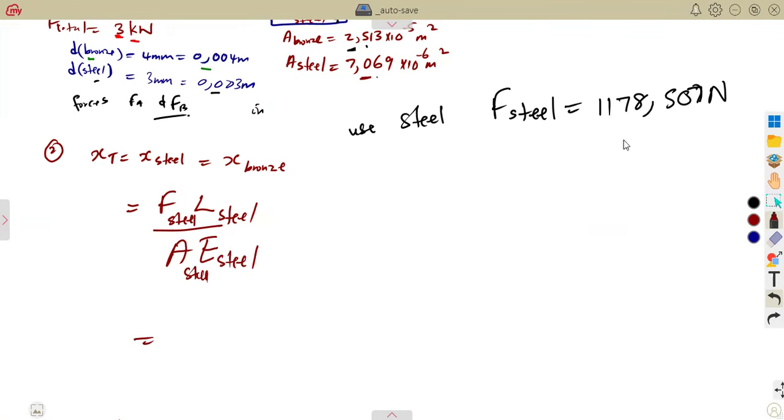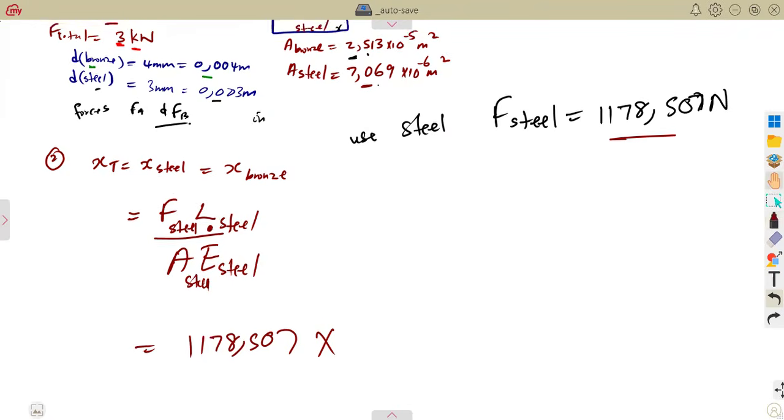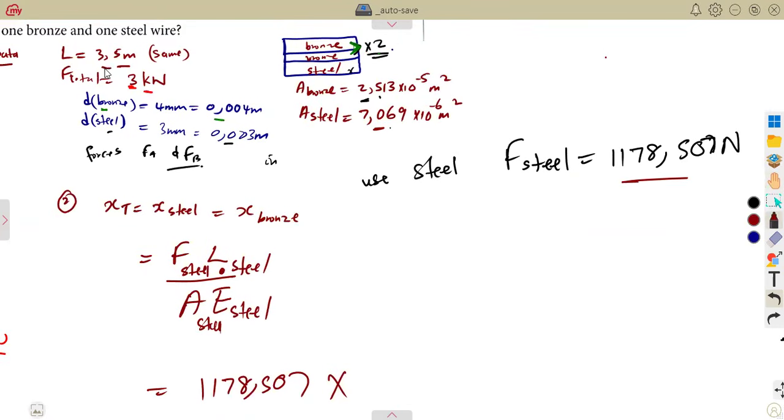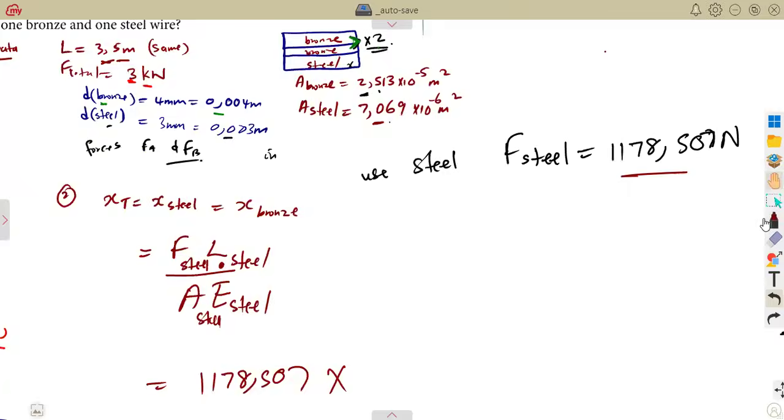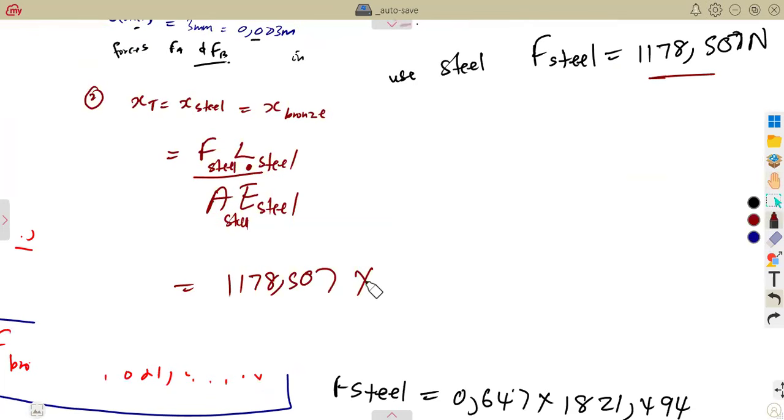The force for steel is 1,178,507 times the length for steel. Remember, in a parallel combination the length is the same, 3.5. So we are going to use the same length given there, 3.5.